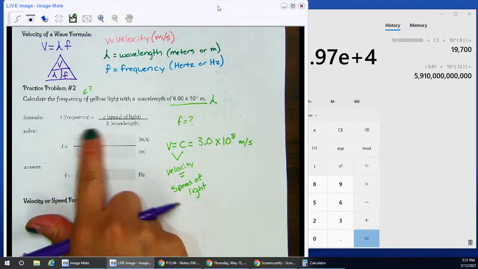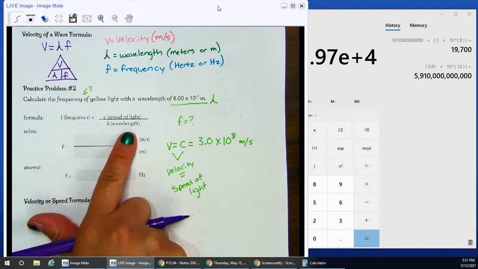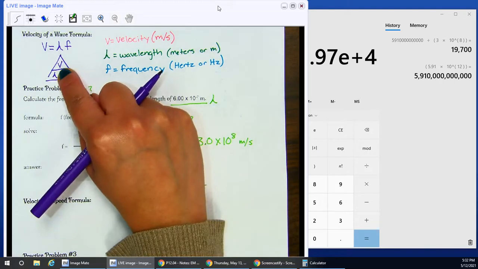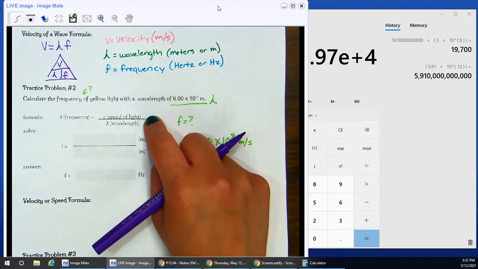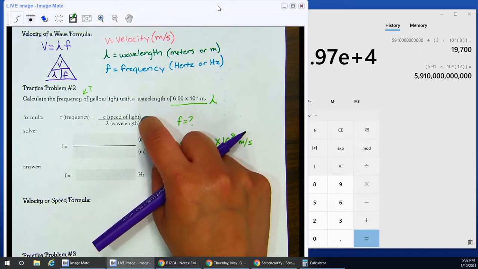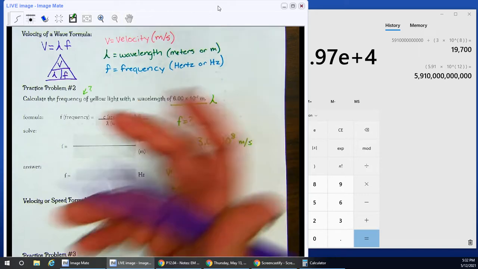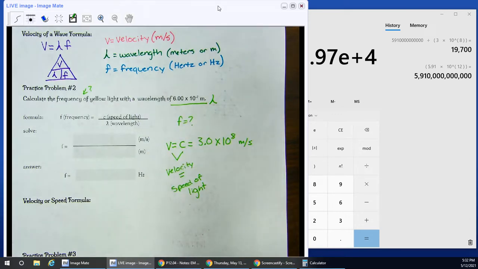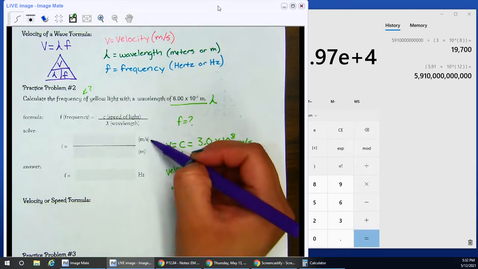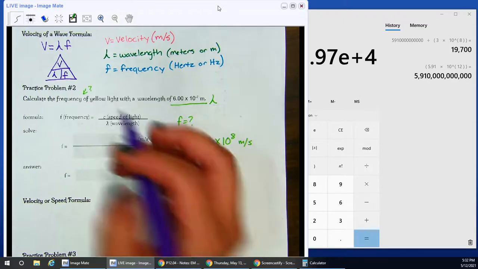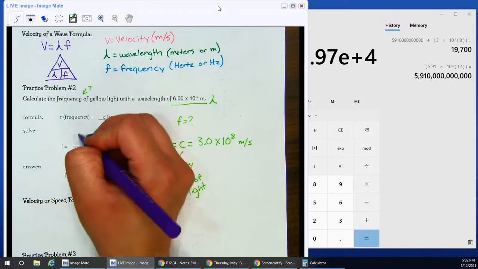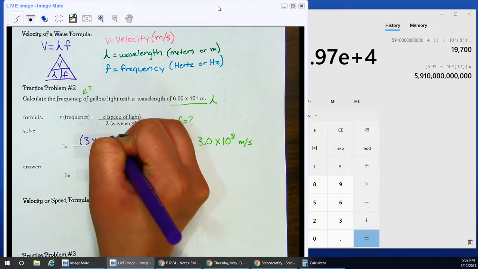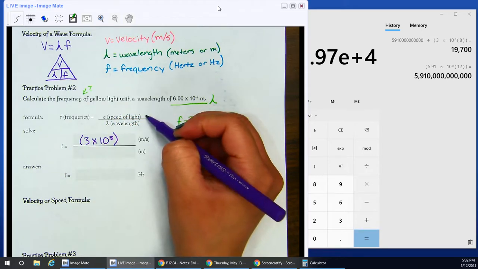I did give you the formula here. We're looking for frequency, F. If you cover that up, it's just velocity divided by wavelength, which is what I have here. Instead, I have speed of light, same as velocity, still going to work. Divide that by wavelength. So my frequency equals, I'm going to put in my parentheses 3 times 10 to the 8th power, my speed of light, my velocity.